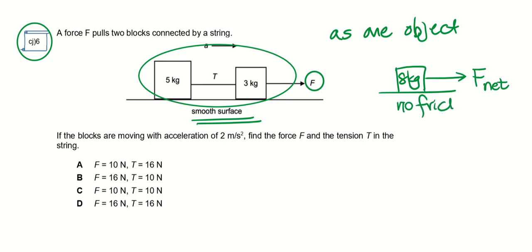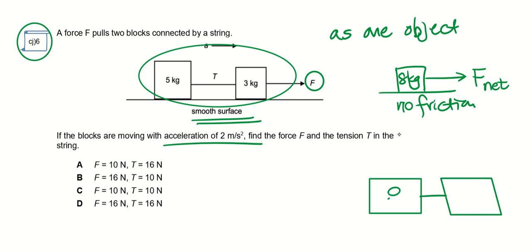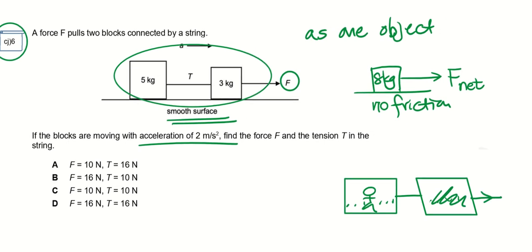Okay, then we also see that there is an acceleration of 2 meters per second square. That means each individual block will have the same acceleration, right? Imagine you're in an MRT train and we have two carriages. One has a lot of people, one is empty, so it is being pulled along by the engine force.